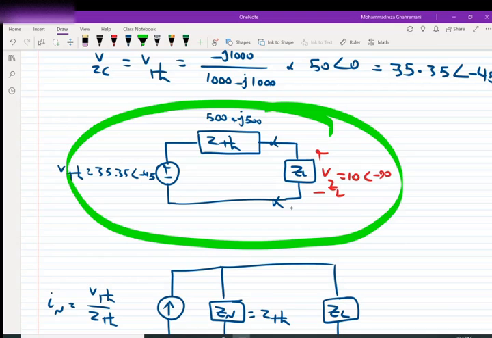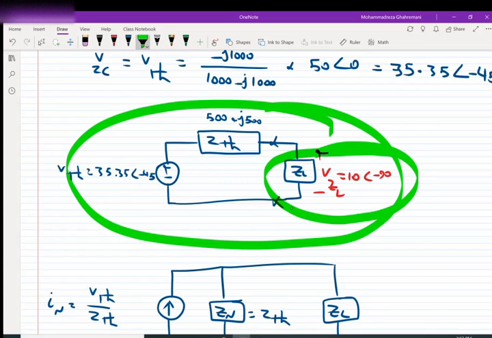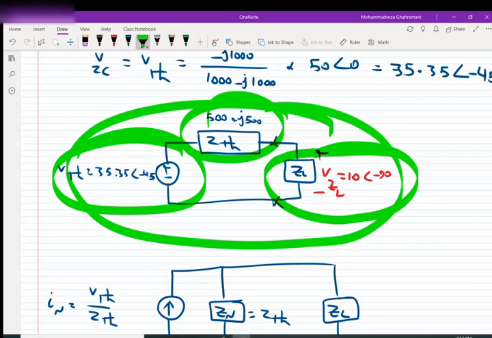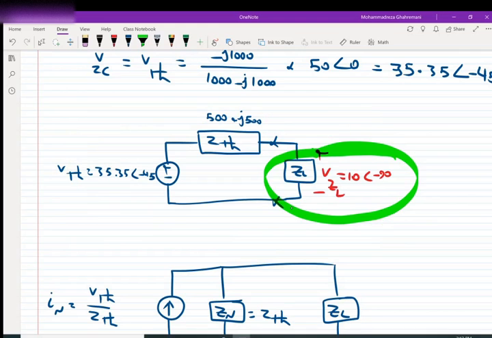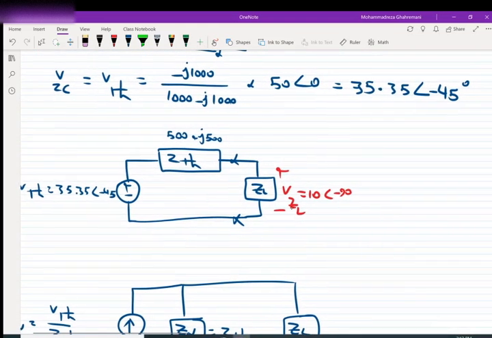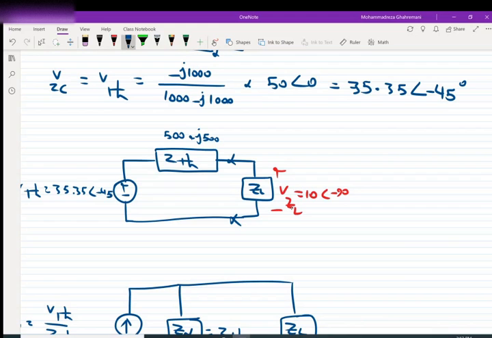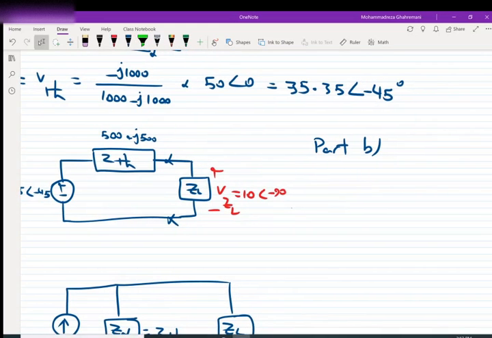We can say the voltage across the load is equal to the value of the load over the total impedance, times V Thevenin. So let's do that. We can say part B.